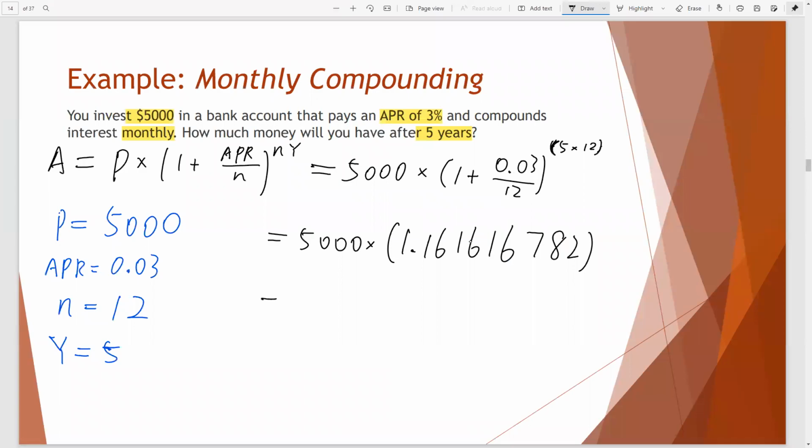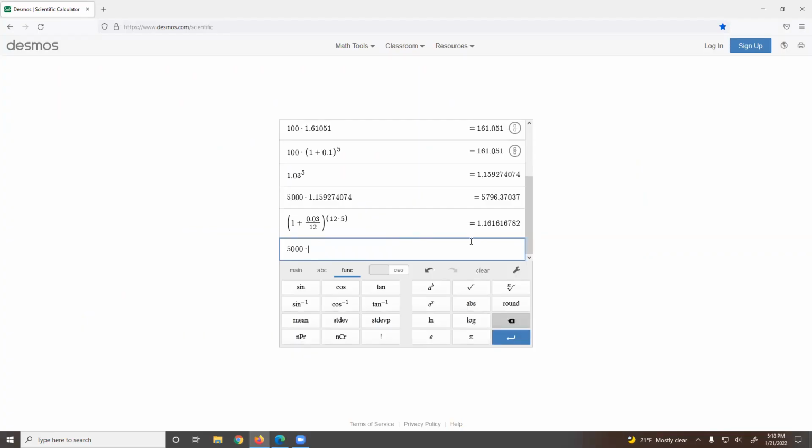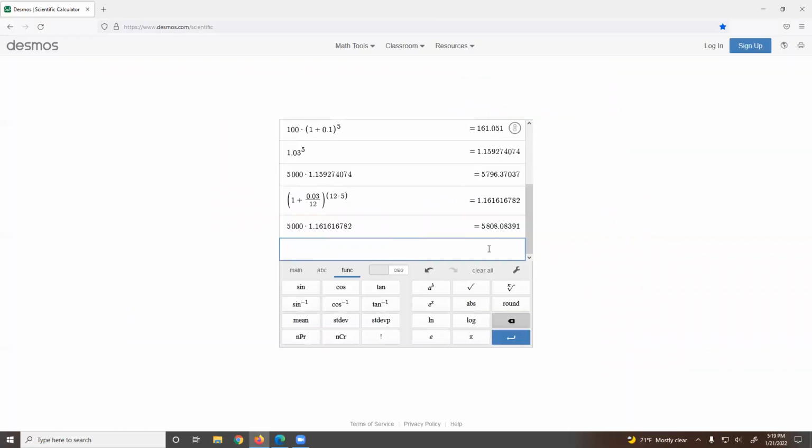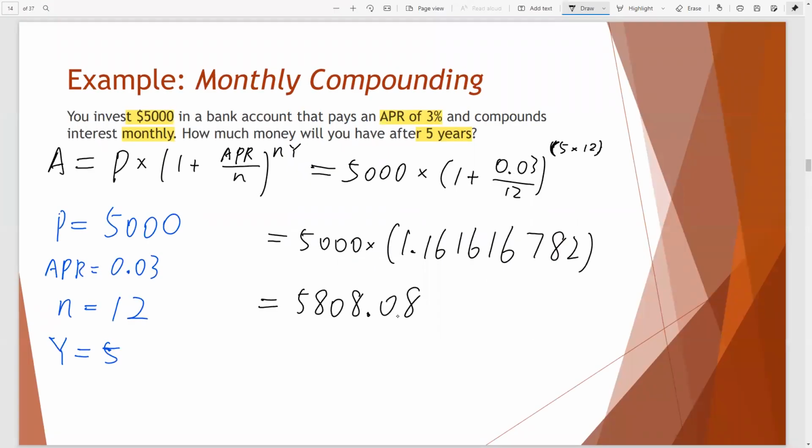Then we multiply 5,000 by it. 1.161616782 times 5,000 is 5,808.391. Add all the decimal points and round it to 2 digits. If you know you need to round to 2 digits, you round directly from the calculator, so that's also okay. You could omit this step.